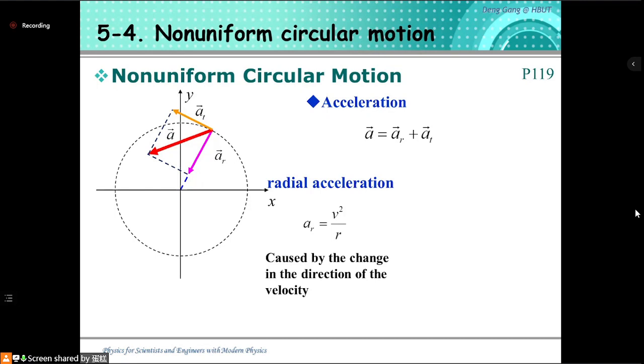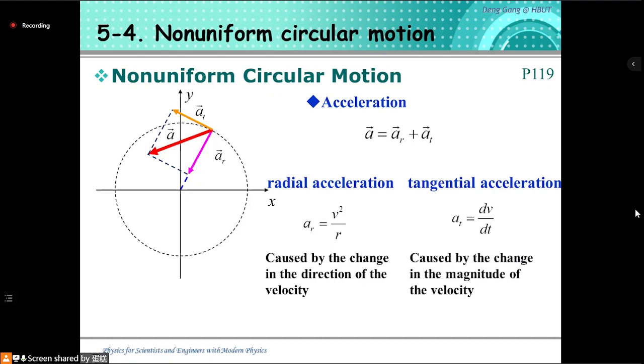So this acceleration is caused by the change in the direction of the velocity, while the tangential one is caused by the change of magnitude of the velocity. So dv over dt means the change of the magnitude. Here v only means the magnitude of the speed. It does not mean the vector.